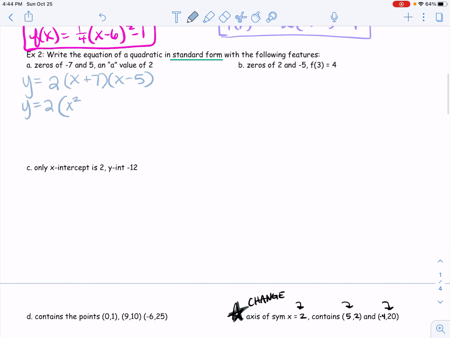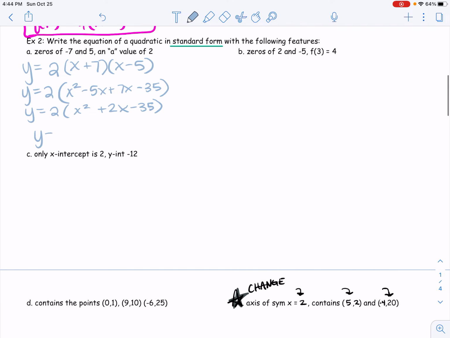This is going to give you x squared minus 5x plus 7x minus 35, which means I now have 2 times x squared plus 2x minus 35. Distributing that 2, I get y equals 2x squared plus 4x minus 70. And this is now in standard form. An a value of 2, a b value of 4, and a c value of negative 70.